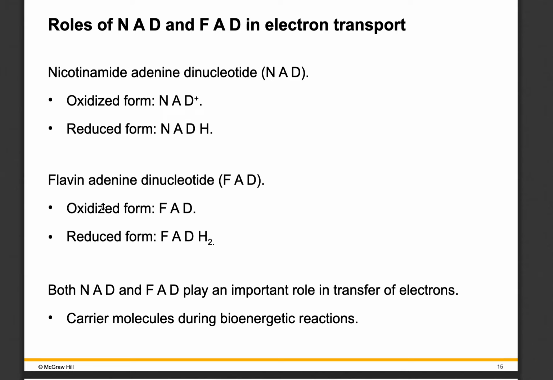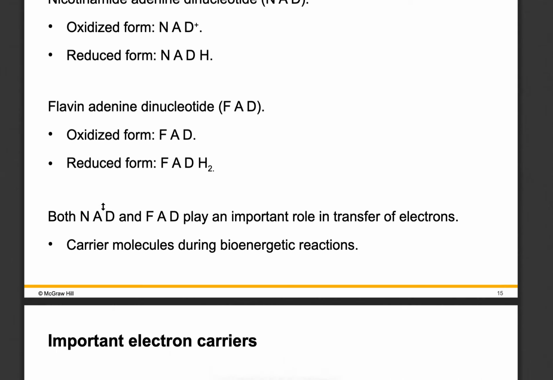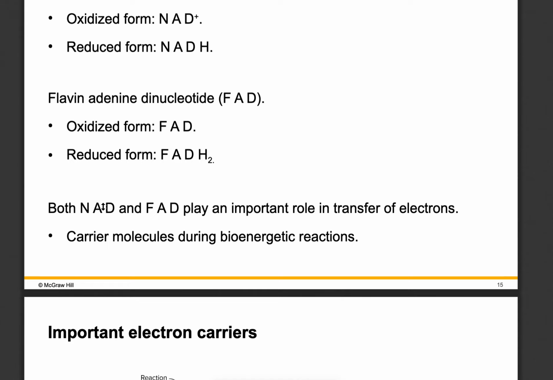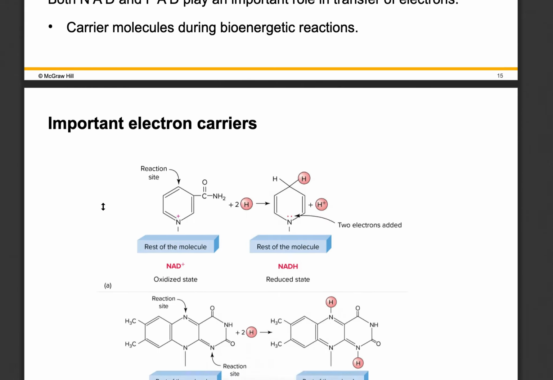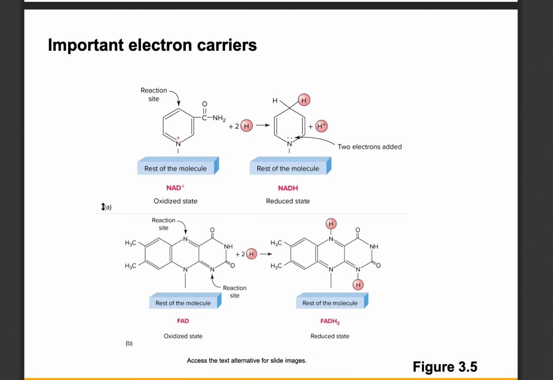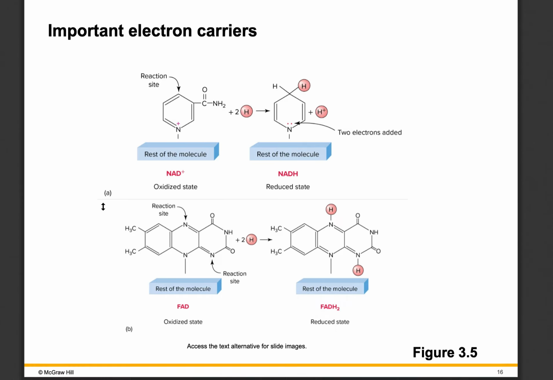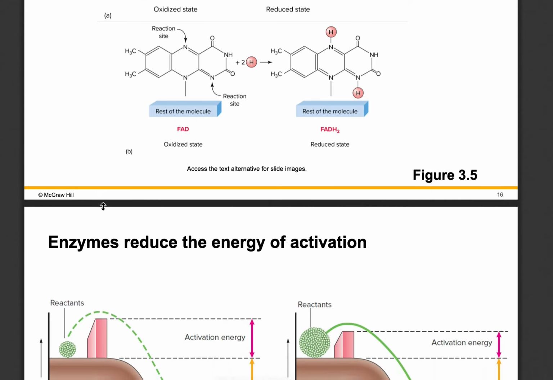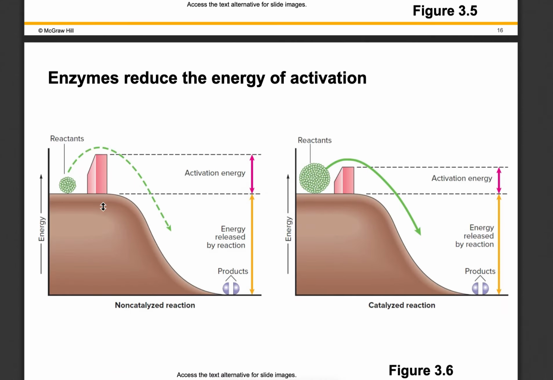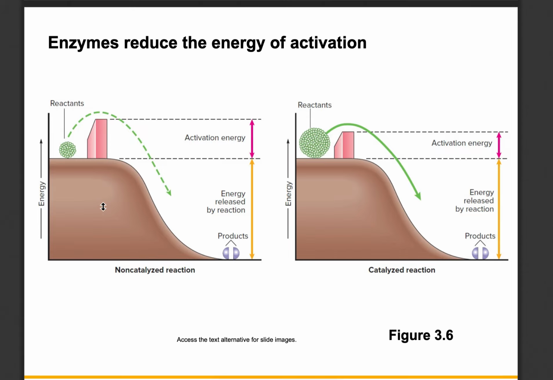Both of these are going to help with that bioenergetic process of making energy, so that we can complete activities and other processes in the body. NAD and FAD are just electron carriers to help carry those hydrogen electrons over, and that's what they're utilized for.